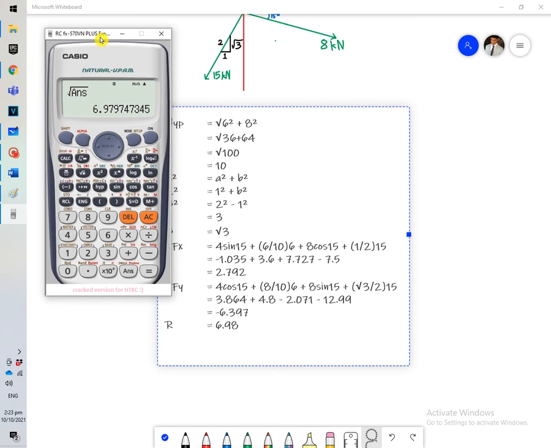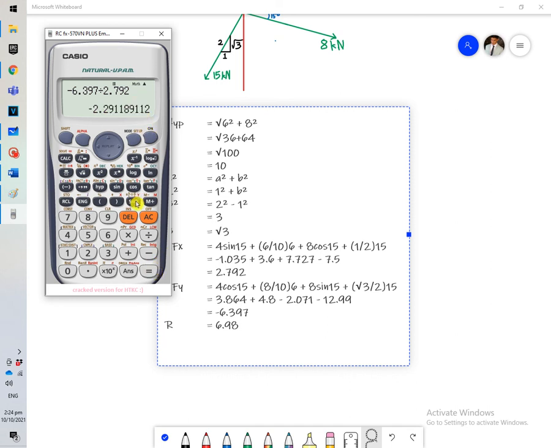Para makuha naman ang ating angle, gagamitin natin yung alam nating tan x. So, tangent is equal to y over x. Don't forget the value. Dito, importante ang value. Value ng ating y is negative 6.397 divided by value of x, which is 2.792. Ito yung value ng ating tangent.